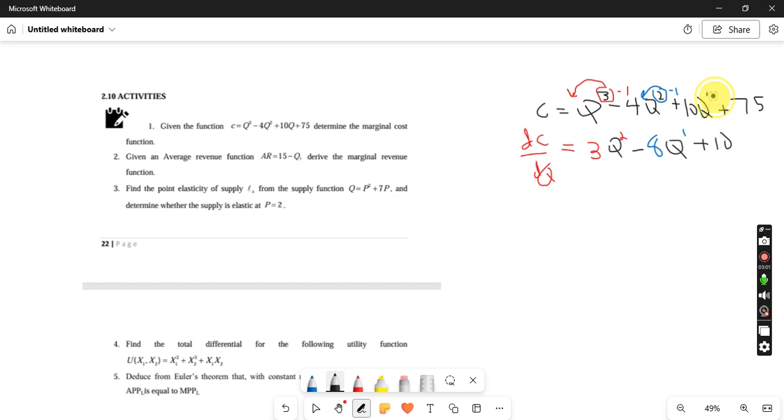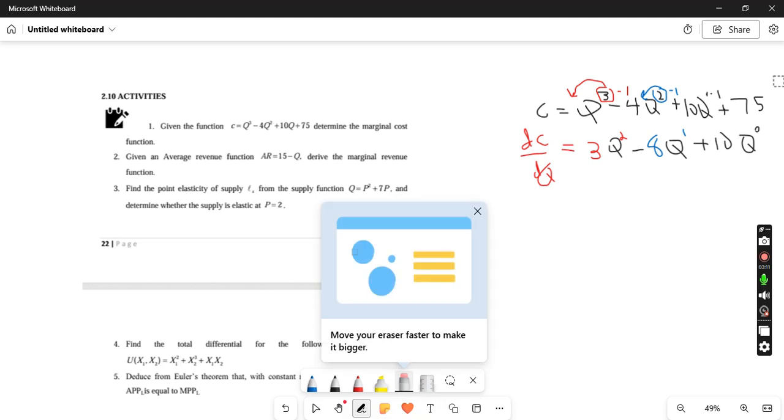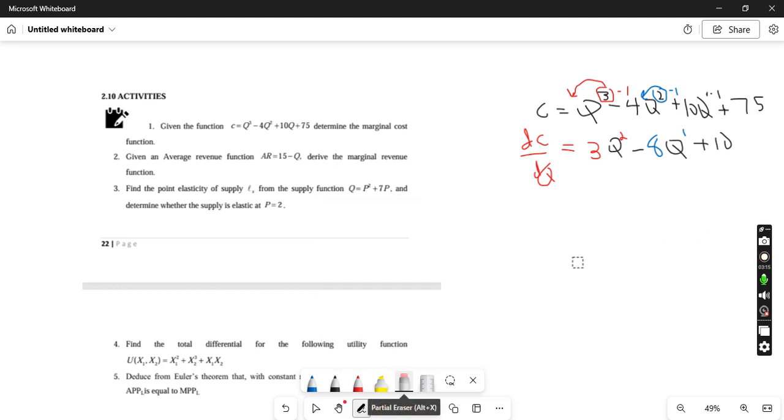Subtract 1 from this power and you have 10Q to the power 0. But remember, anything to the power 0 is 1, so you don't even need to write Q to the power 0. If a number doesn't have a variable, it just disappears. So that is our answer: 3Q squared minus 8Q plus 10.